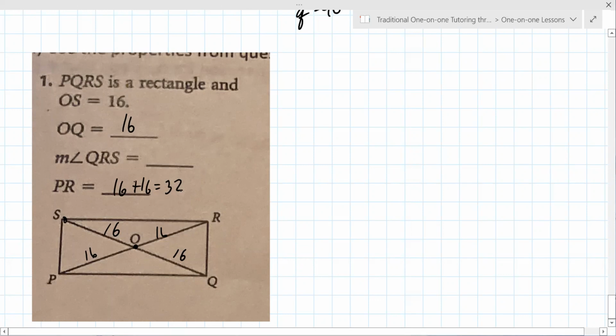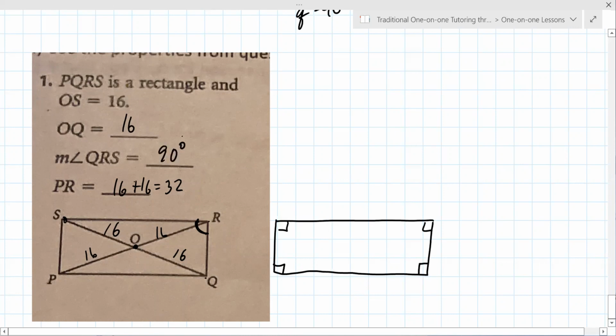So for angle QRS, let's look at which angle that is. It's Q to R to S, so it's this one up here. What do you know about the angles in a rectangle? They're all 90 degrees.